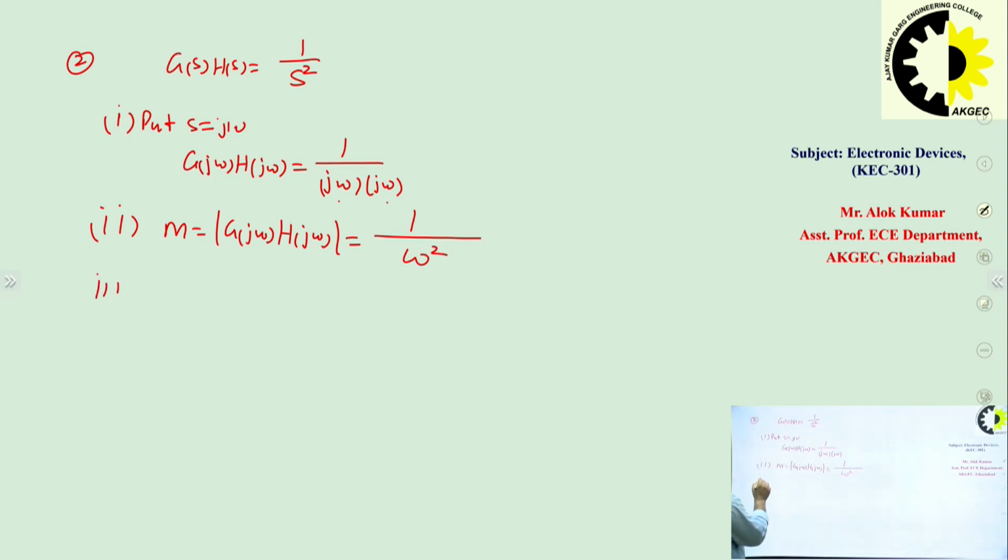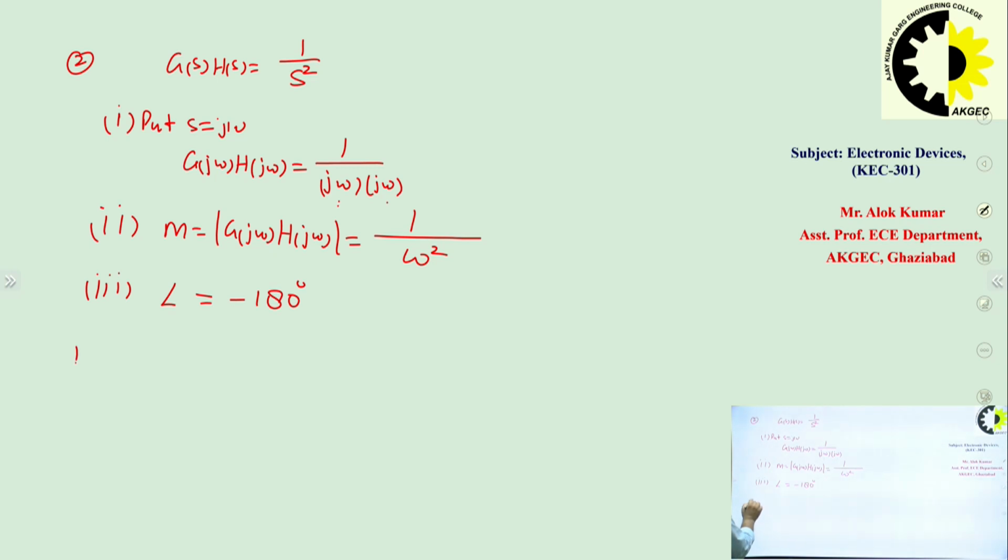Third, we can find the angle. In the previous case, we have seen that one origin pole is giving the angle of minus 90 degree. Now there are two origin poles, so angle will be minus 180 degree. Again, angle is not depending on the frequency.